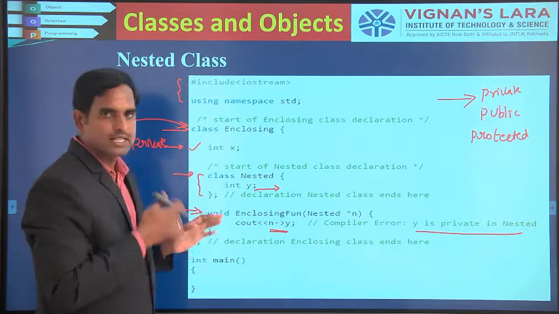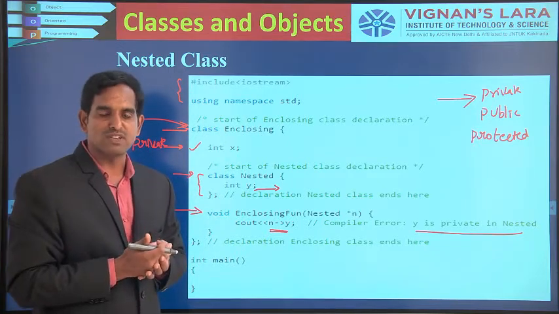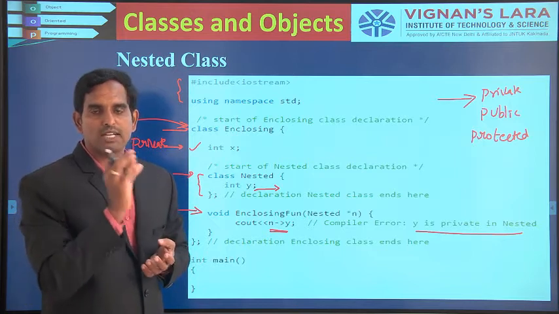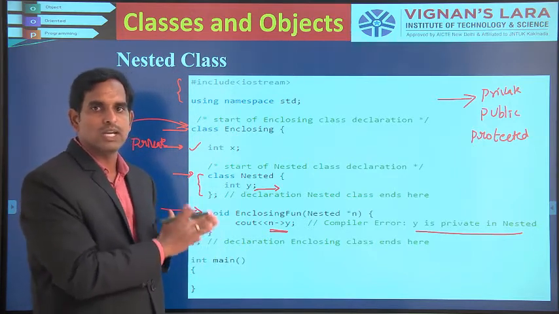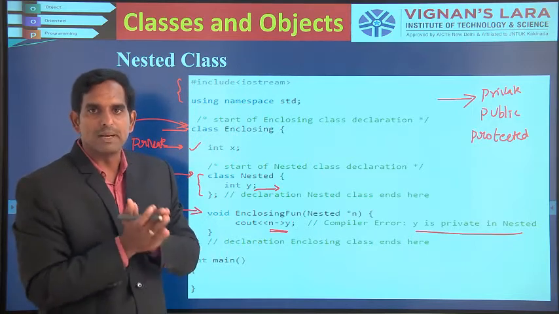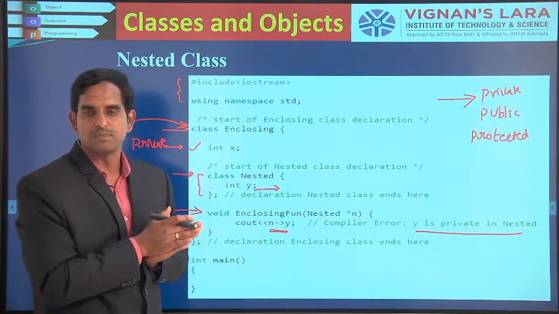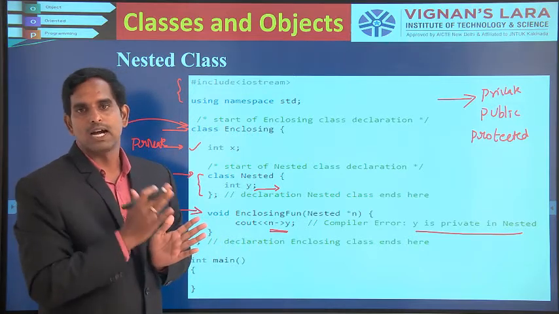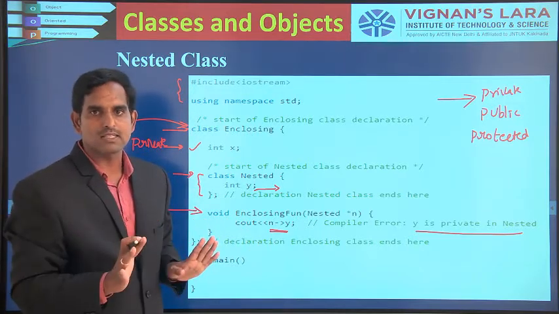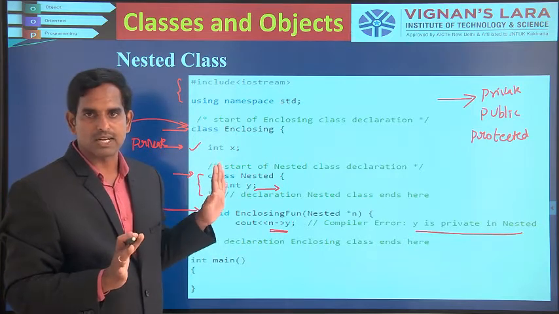Why? Because as I told you in the part on access specifiers, a private member can be accessed only by the methods of its own class. Other methods and other classes cannot access the private members of a particular class.